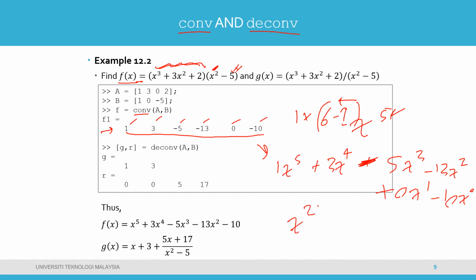So x^5 plus 3x^4 minus 5x^3 minus 13x squared, plus 0x^1, basically you just ignore, and minus 10. x power of 0 is 1, so just multiply by 10. So you get the answer.